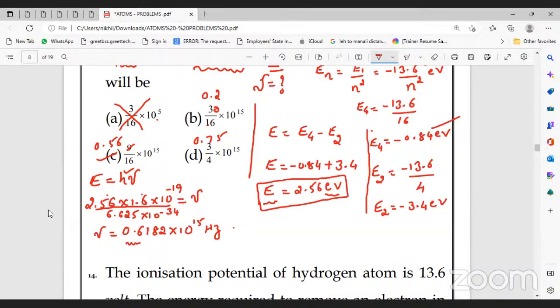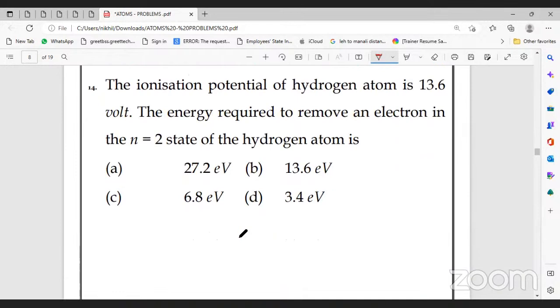Okay. Let us move on to the next problem. Now, ionization potential. Ionization potential is given as 13.6 volt.